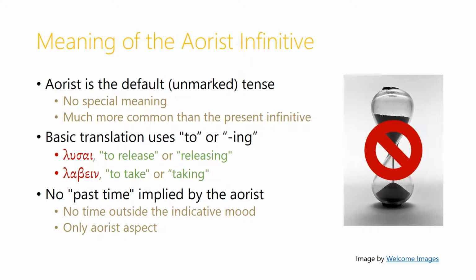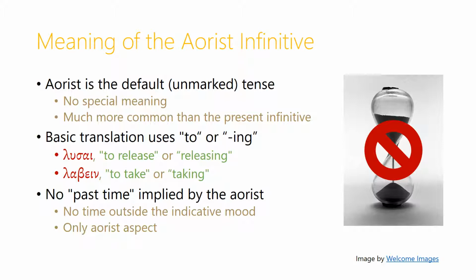So what's the meaning of the aorist infinitive? Well, the first thing to remember is that the aorist is actually the default, or the unmarked tense, not the present tense. So the aorist has no special meaning in the infinitive. In fact, aorist infinitives are much more common than the present infinitive, because the present infinitive does carry the implication of present aspect, or some kind of ongoing or repetitive action.